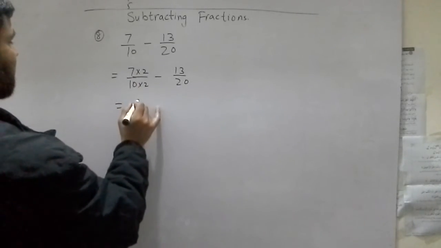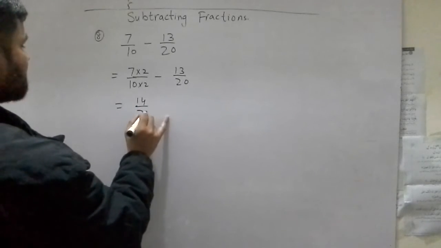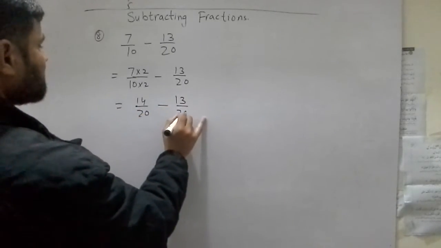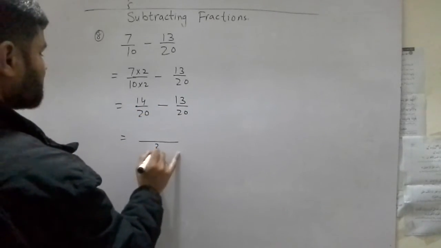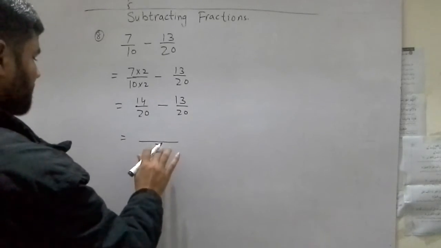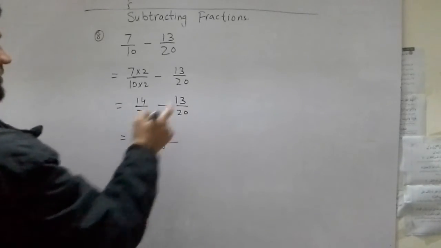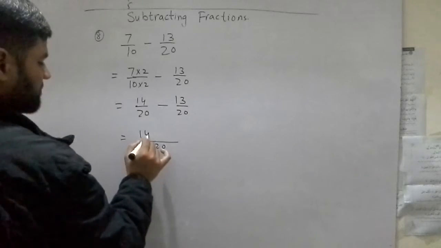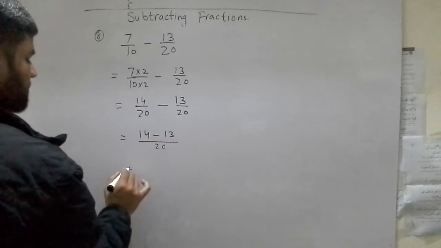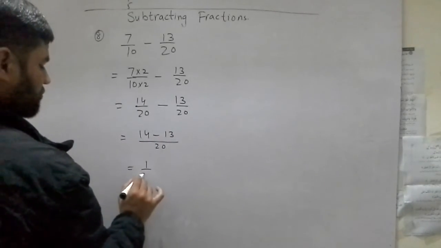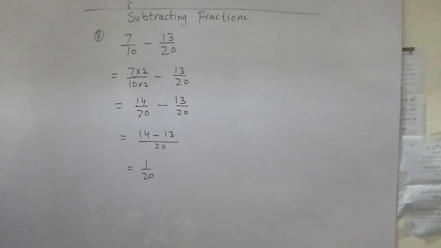So 7 times 2 is 14 over 20 minus 13 over 20. So our LCM is 20. Now what we can do, we can now take away the numerators, the top numbers. So 14 take away 13 is 1 over 20. This is our simplified answer in a proper fraction.